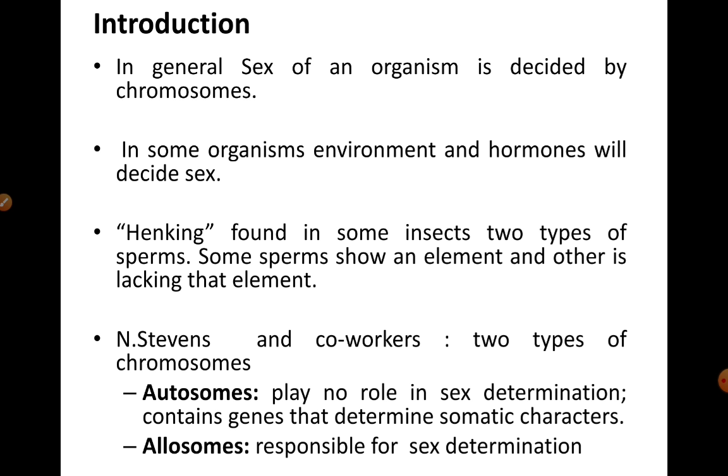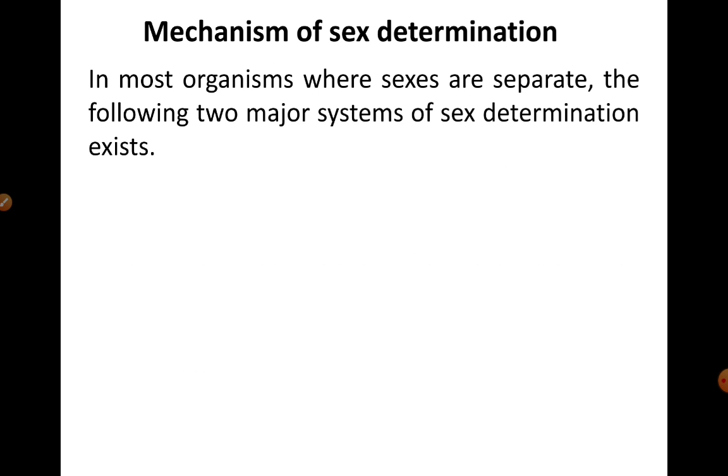The genes which determine the sex of an individual are located on these chromosomes, hence they are responsible for the determination of sex of an individual. Now apart from these chromosomes, there are also instances where the environment and hormones play an important role in determining the gender of an organism.